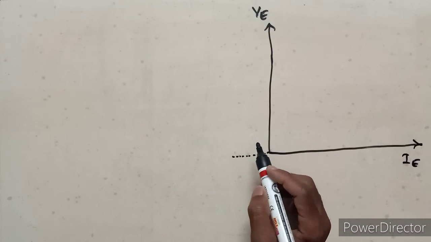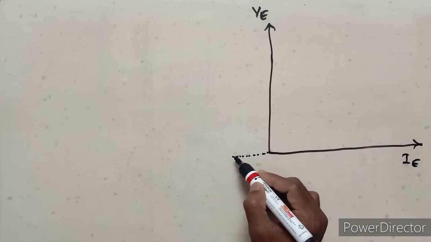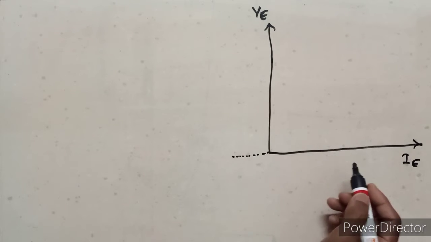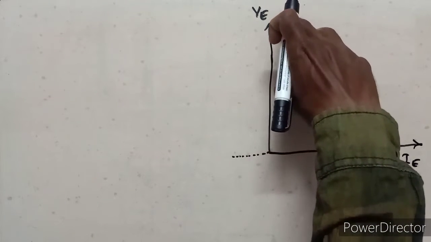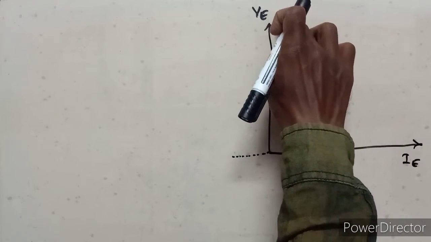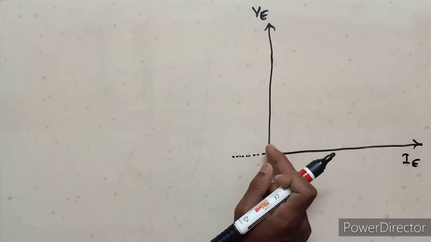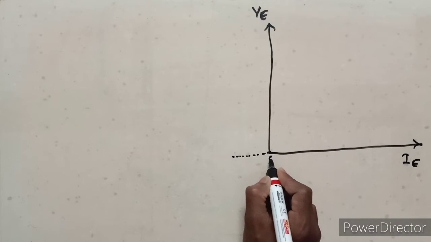First of all, initially in the cutoff region, as the emitter voltage increases below 0, a slight leakage current flows from the emitter to base 2. This is the 0.